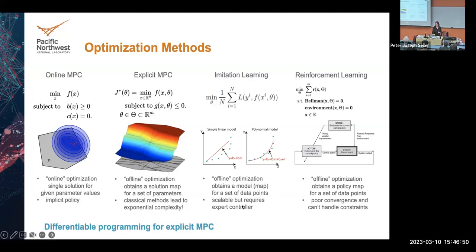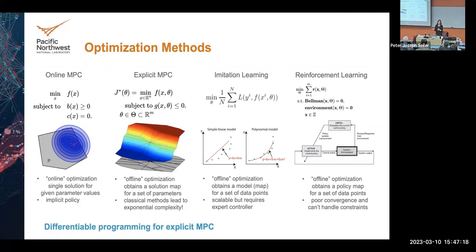So people have started looking at imitation learning in the form of using the MPC offline under a lot of different conditions, calculating the set of solutions that can be explored offline, and using this data set of inputs and solution outputs to train a control policy.